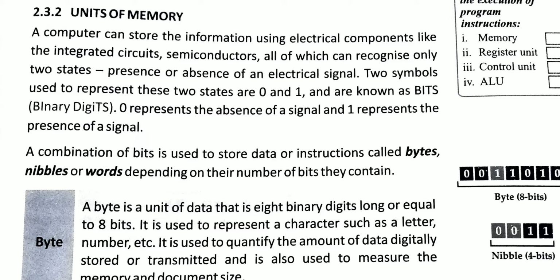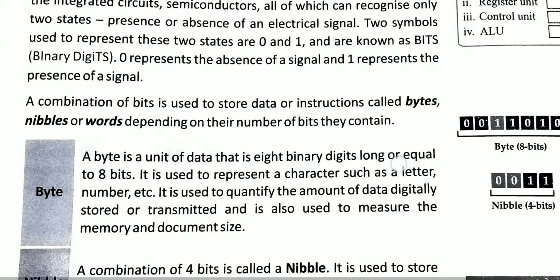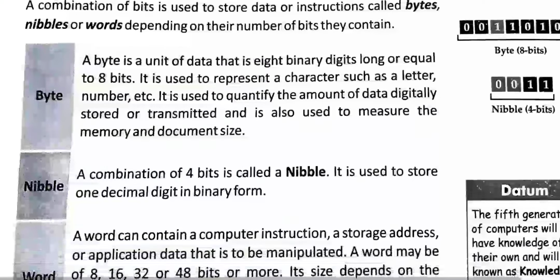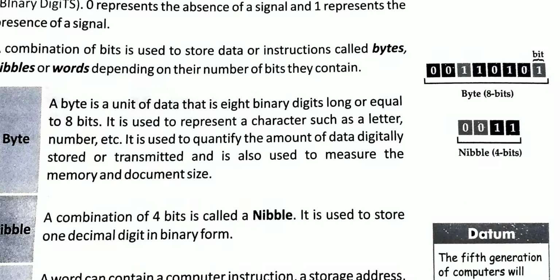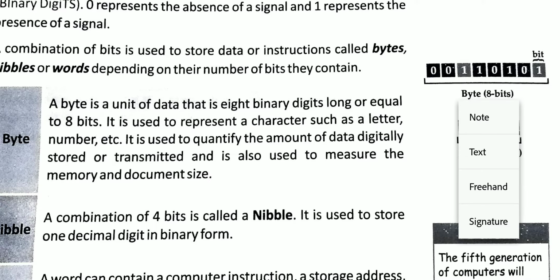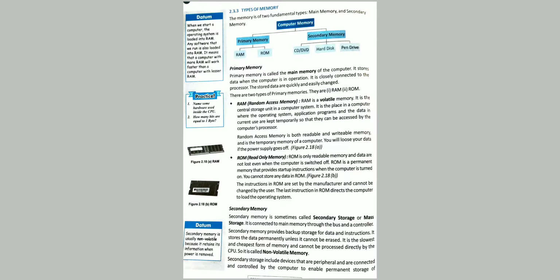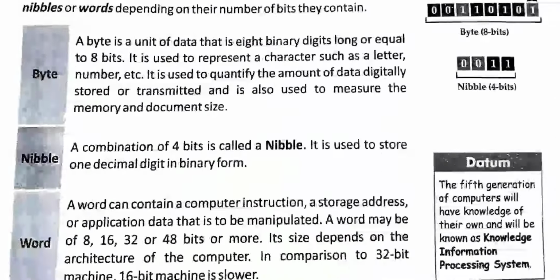A combination of bits is used to store data or instructions, called bytes, nibbles or words, depending on the number of bits they contain. Here you can see the chart. Each 1 or 0 is called a single bit.